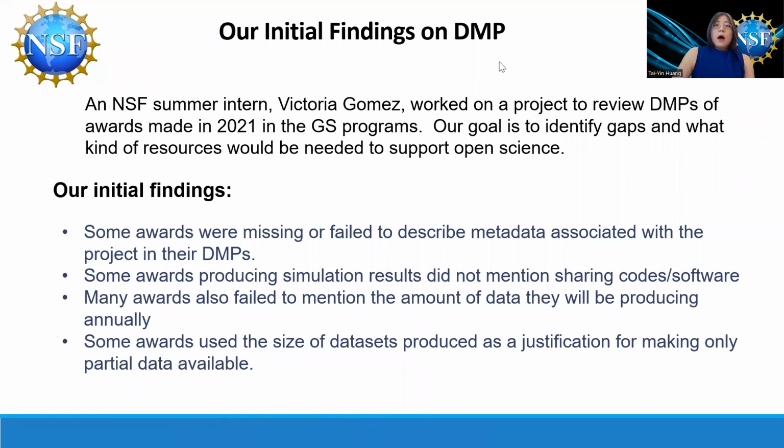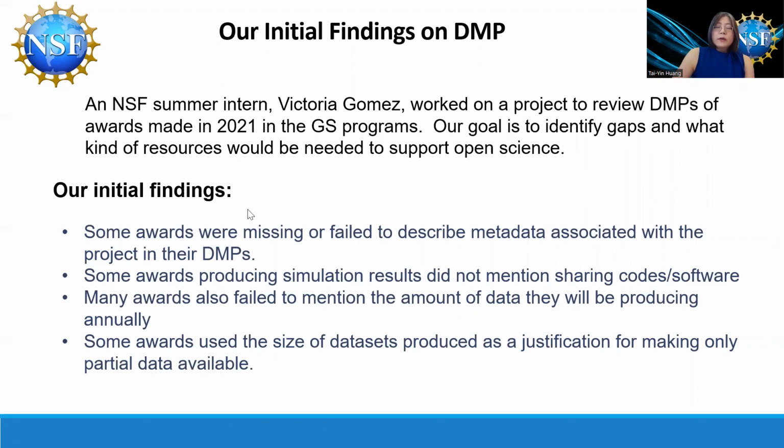Now, our initial findings on data management plans. This past summer, we had an NSF summer intern, Victoria Gomez, who worked on a project to review data management plans of awards that were made in 2021 in the geospace programs. Our goal is to identify gaps and what kinds of resources would be needed to support open science.